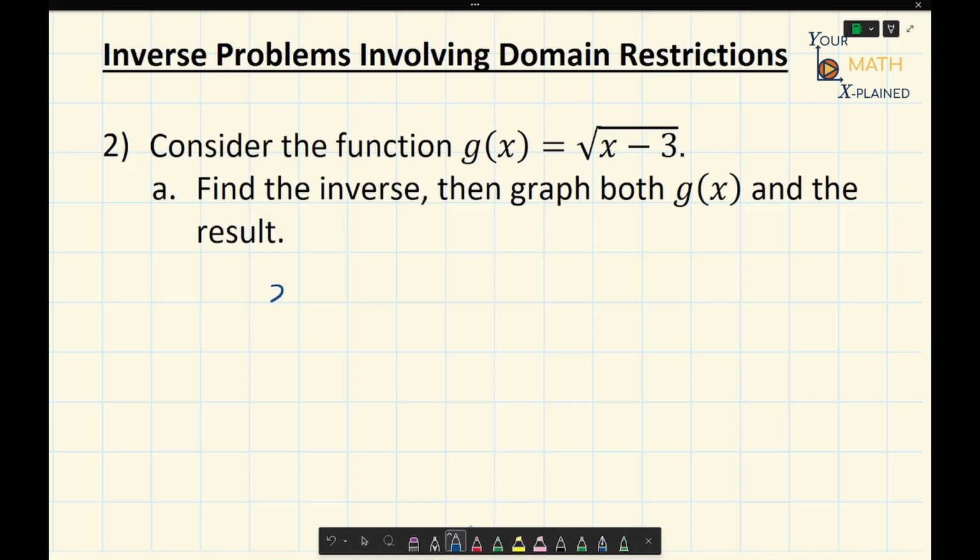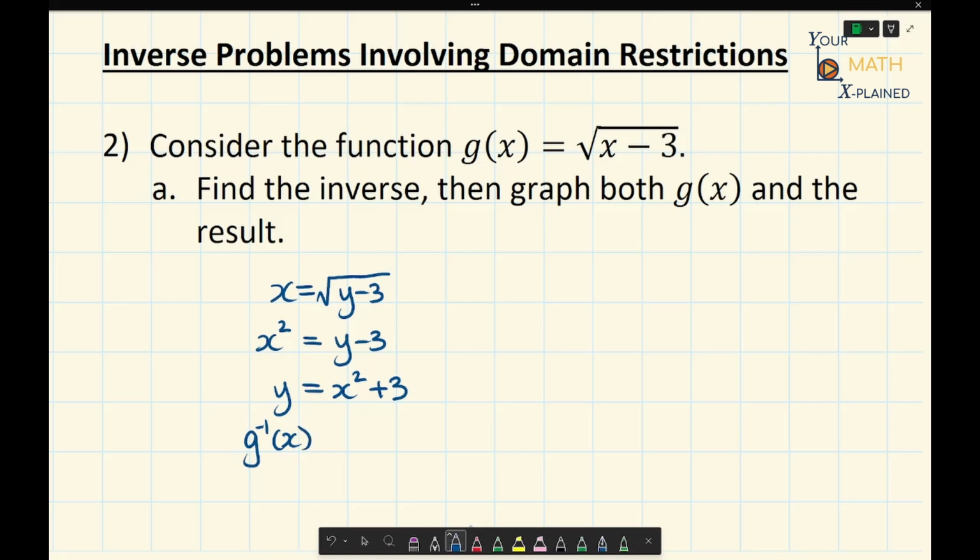So we get x is equal to the square root of y minus 3. Now we're going to square both sides to get x squared is equal to y minus 3. And then isolating y is going to give us x squared plus 3. So our inverse function is equal to x squared plus 3.